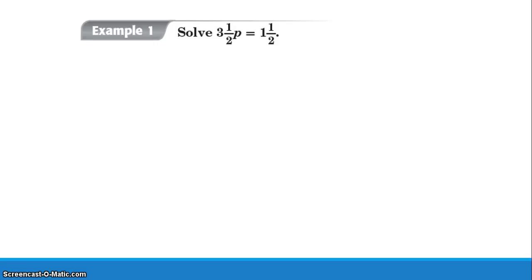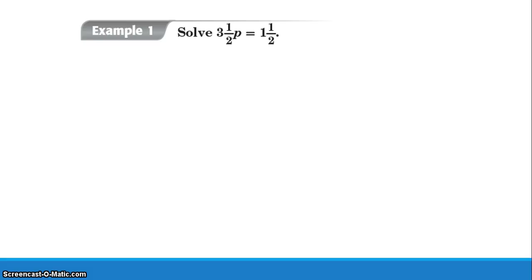Okay, I threw this one in because of it being a fraction. I wanted you to have a little experience, and this is one we will use over and over and over. Now, once again, it's multiplication. We're multiplying 3 1/2 times p. So we're going to take it to the other side and do the opposite.